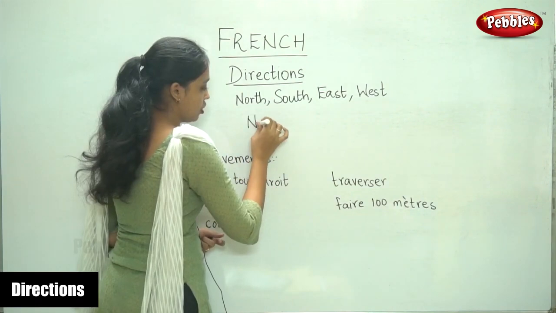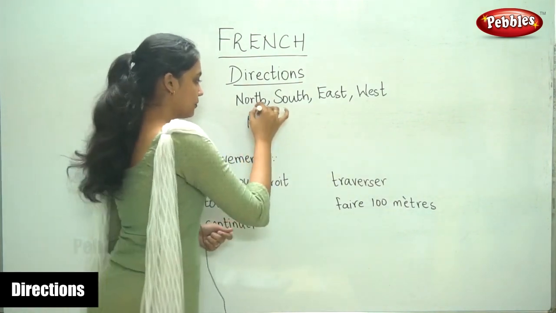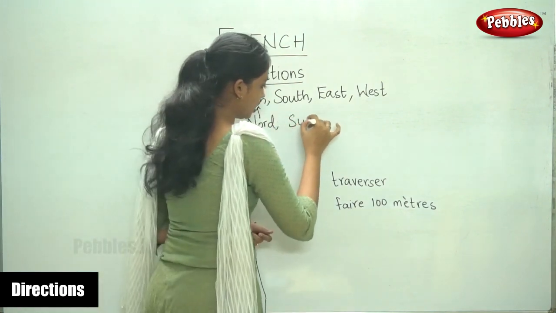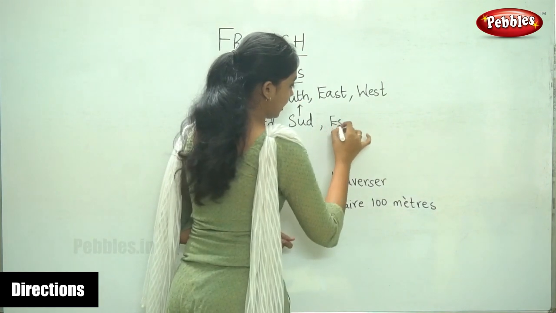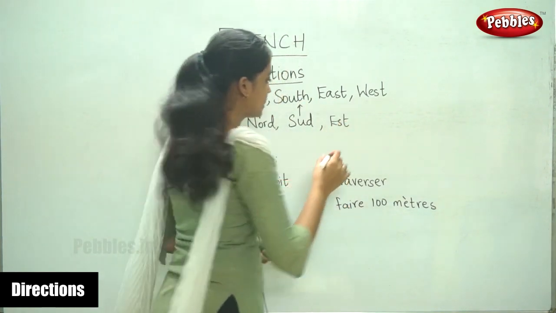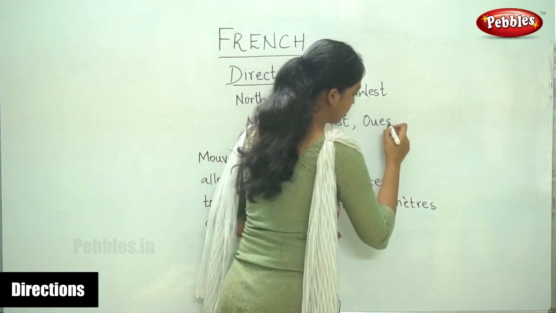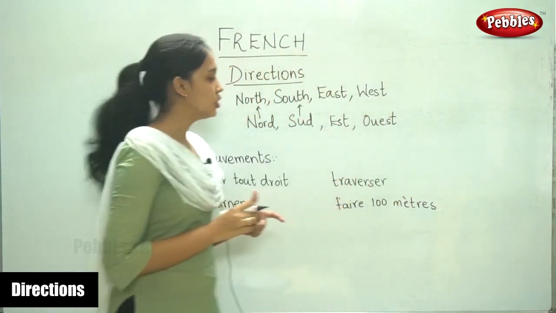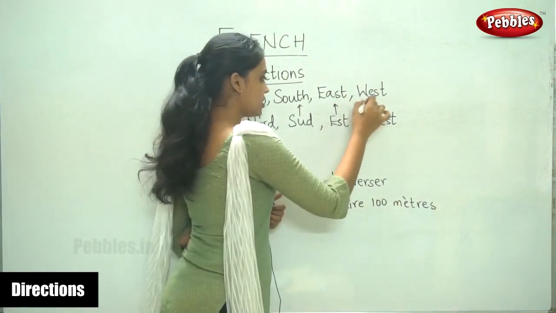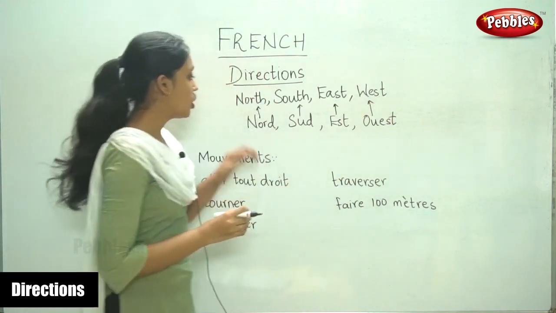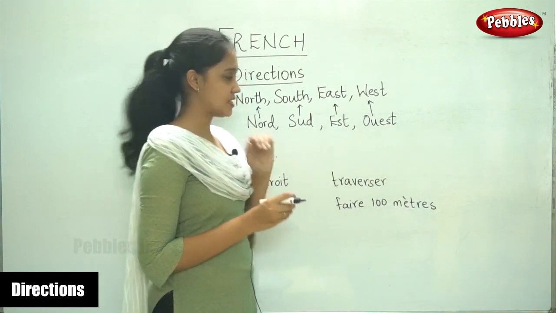It is nord for north, sud for south, est for east, and for west the word is ouest. So these are the 4 words for the primary directions in French: nord, sud, est and ouest.